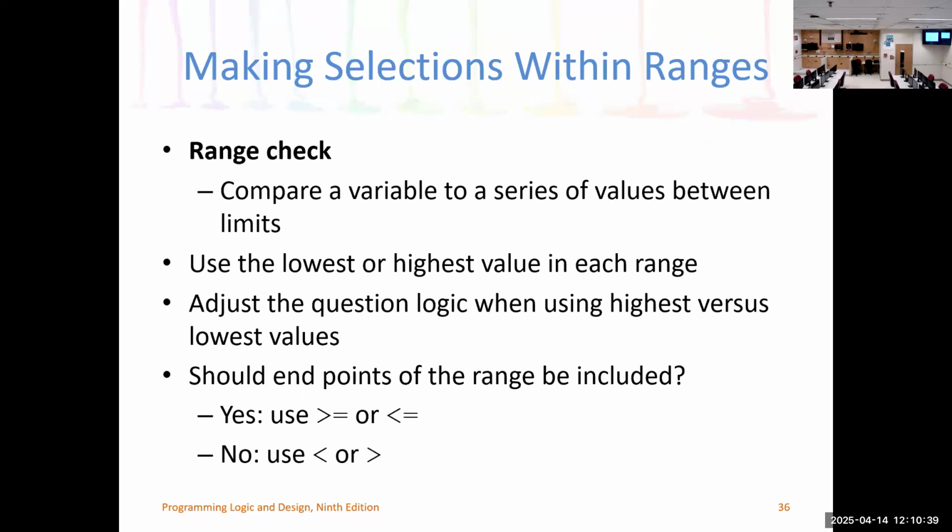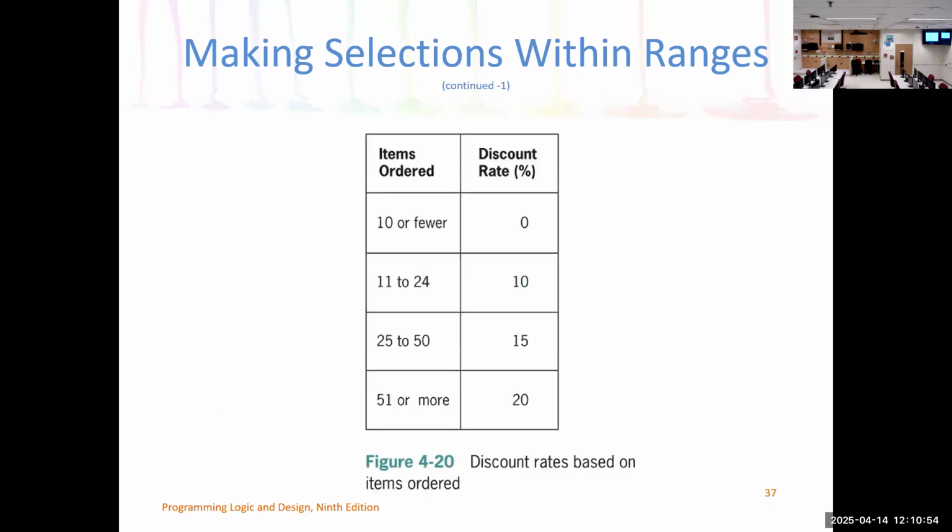Okay, now the other concept, when you learn about the selection, is when you work with a range. Let me give you an example of a range. You have a program that gets the item order from a customer, and you have to make a decision.